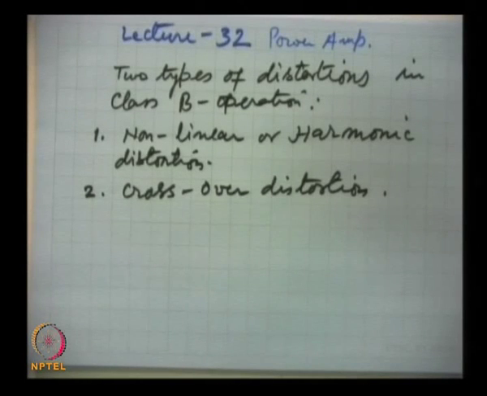For example, in the first one, the signal frequency as well as its harmonics, that is, if omega is the angular frequency of the input signal, then at the output other than omega, frequencies like 2 omega, 3 omega, 4 omega, the harmonics will also be present.